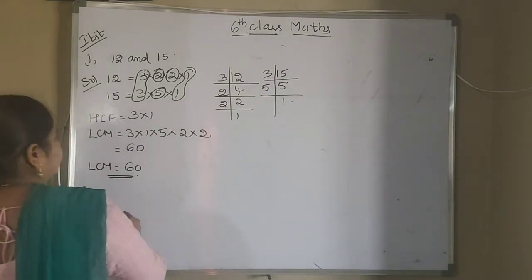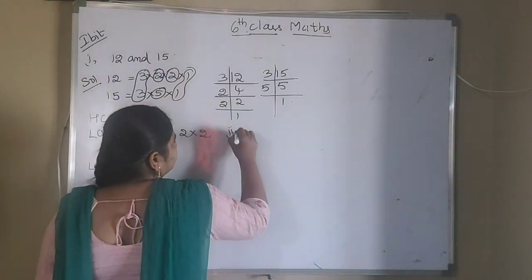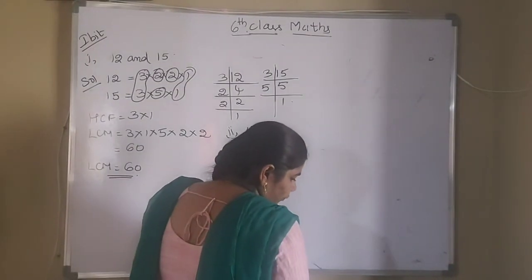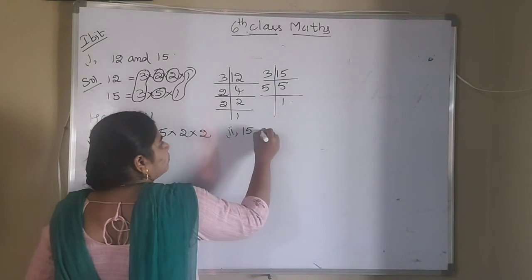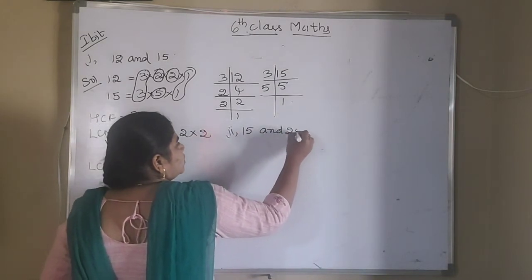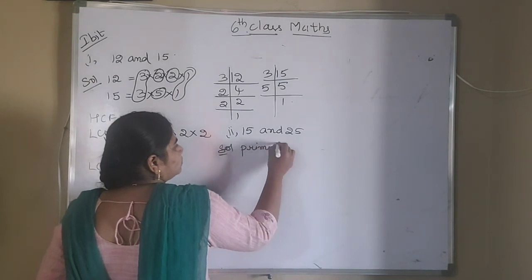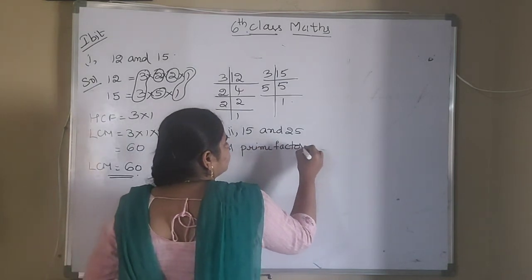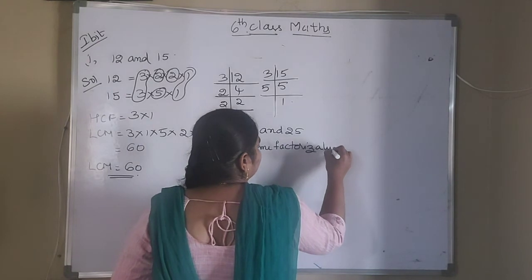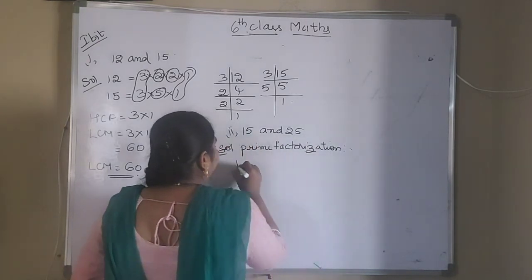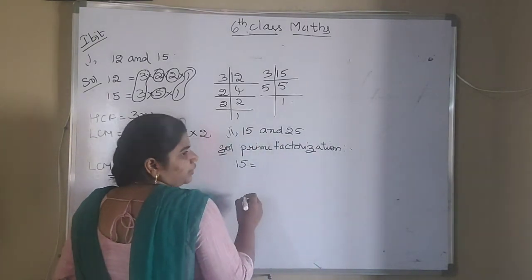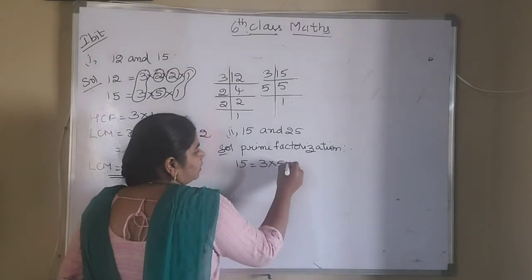Next, second bit. What is the second one? 15 and 25. So for this again we have to take the prime factorization. What are the prime factors of 15? 15 will go in the 3 table: 3 5's are 15, into 1.